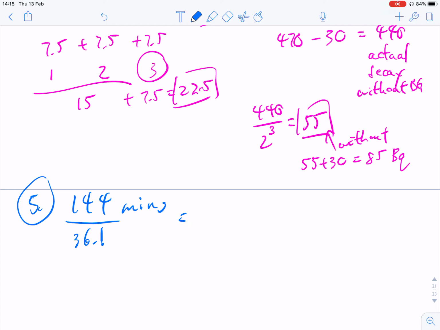And so let's calculate that out. That's giving us about 3.98, so that's pretty close to 4. So approximately four cycles or 4 half-lives. Okay, so it's gone through about 4 half-lives.